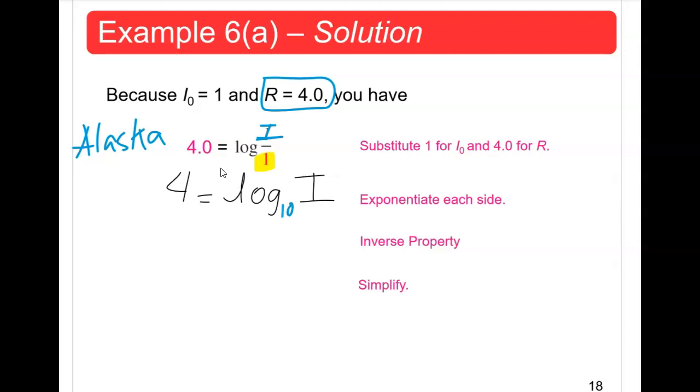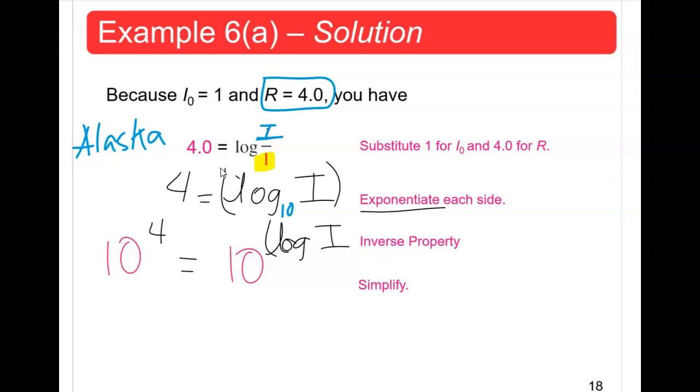So we have 10 to the power of 4 on one side, and 10 to the power of log of I on the other. That's what we call exponentiating, and the exponent will be this whole quantity, log of I. Now we know that the base is 10, so we cancel that out. We just have capital I, and that is equal to 10 to the power of 4, which is a 1 with 4 zeros.